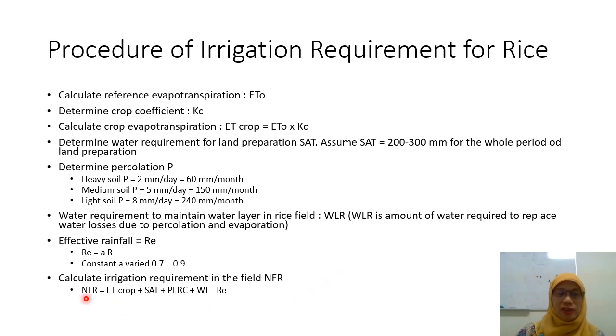At the end, we calculate the irrigation requirement in the field as the summation of the ETc, SAT, percolation, water level replacement, and minus effective rainfall.